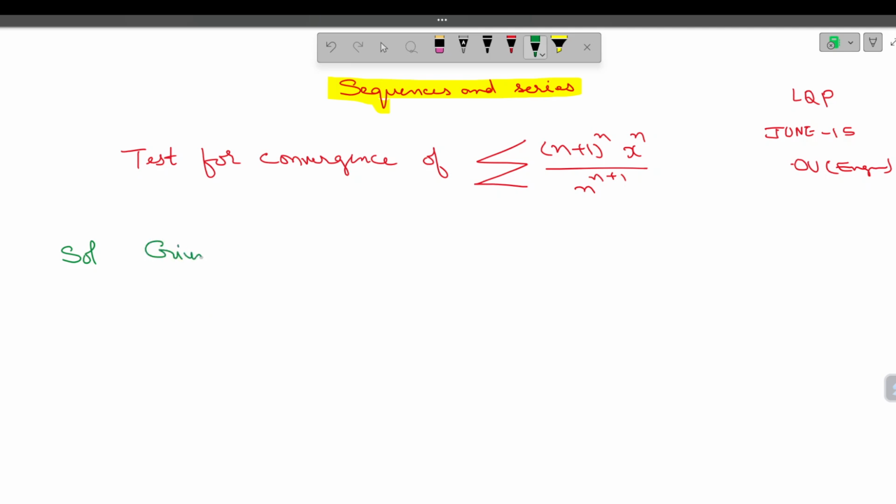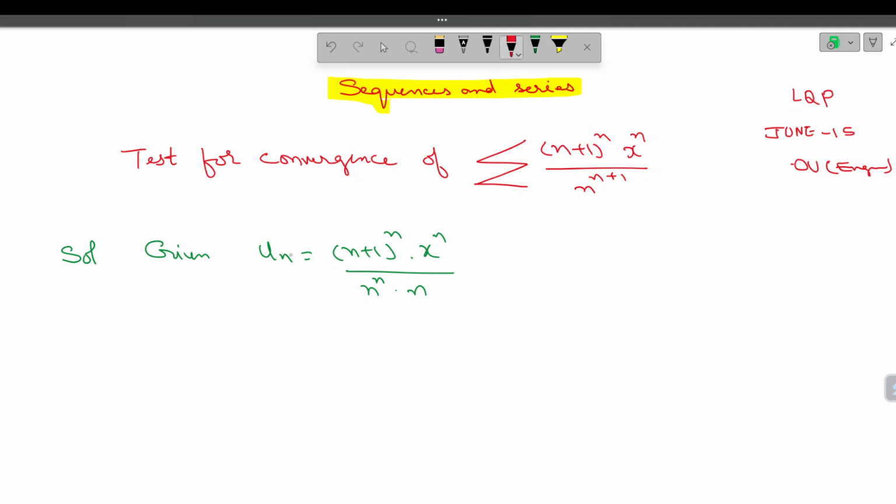So u_n equals (n plus 1) whole to the power of n into x to the power of n, divided by x to the power of n into n. Now applying the Cauchy root test.